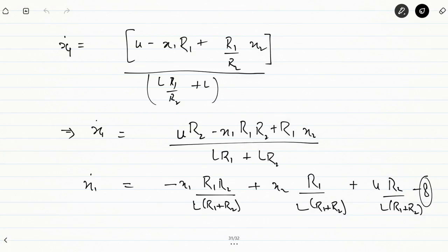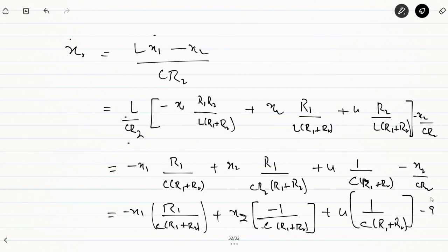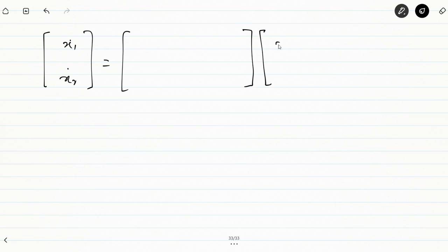So you have equation number 8, x1 dot, you have equation number 9, this is actually x2 dot. So putting equation number 8 and equation number 9 in the state space model form, you will be getting x1 dot, x2 dot is equal to something times x1 x2 plus something times u. अब ये x1 का कोफिशिएंट क्या आएगा?